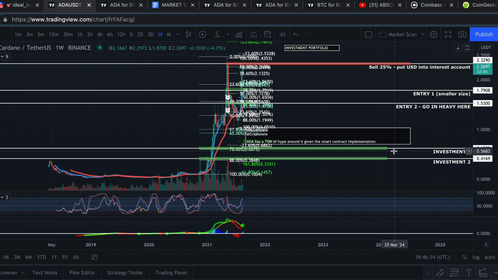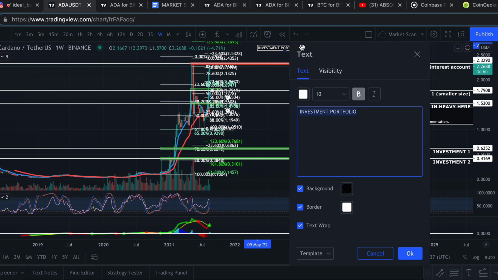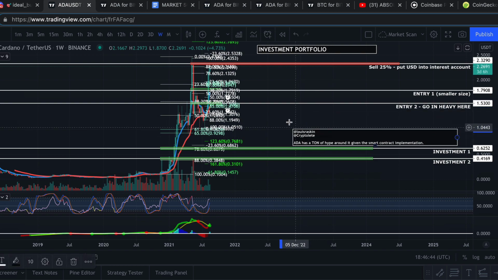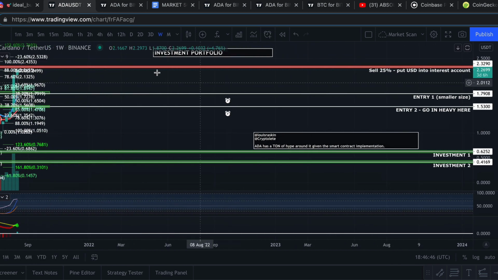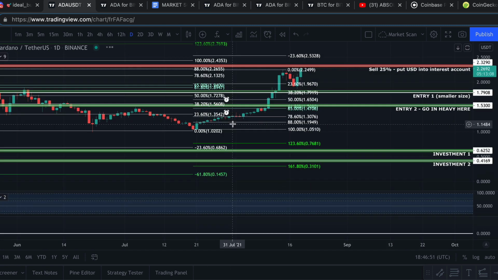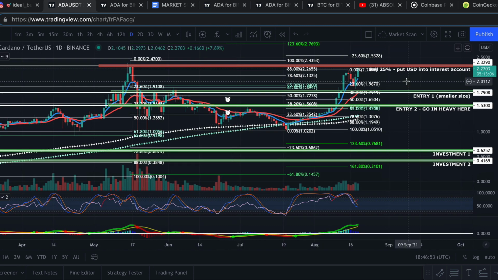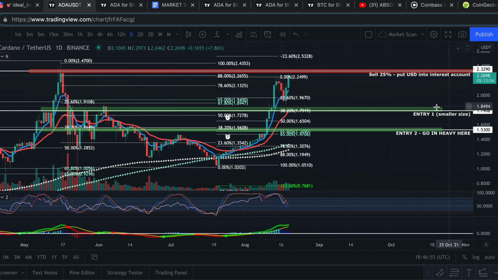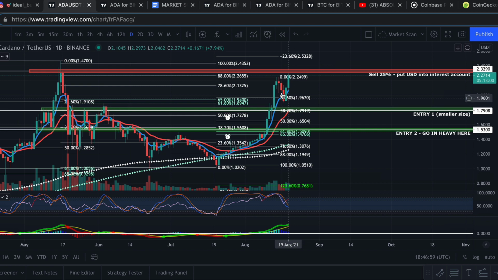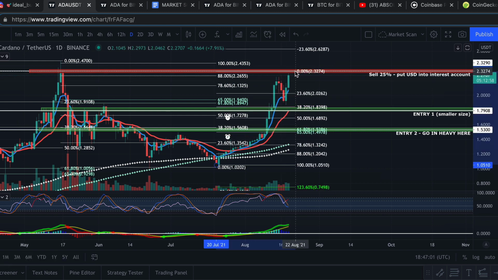Going into my investment portfolio, let me do that real quick. For my investment portfolio, let me go to the daily chart. Yeah, it never hit my entries. So right now, these are my entries.